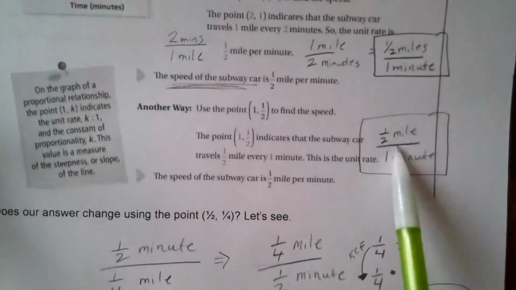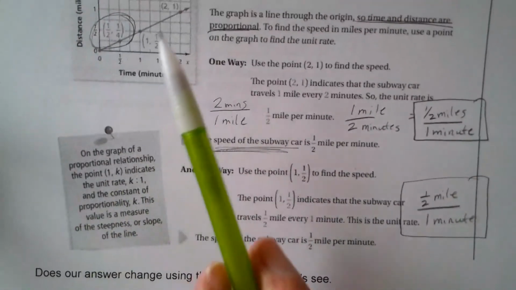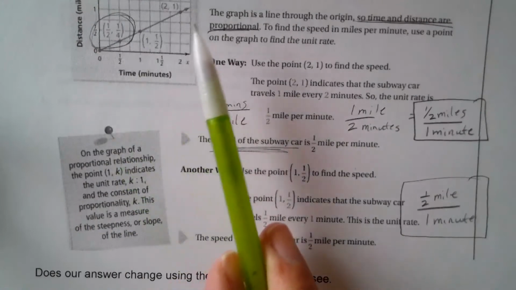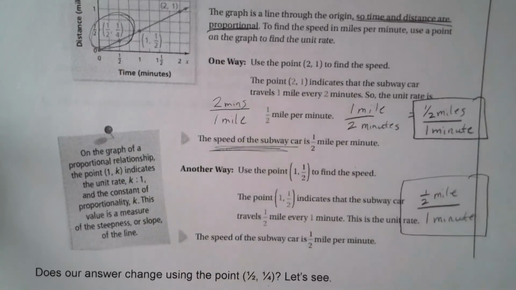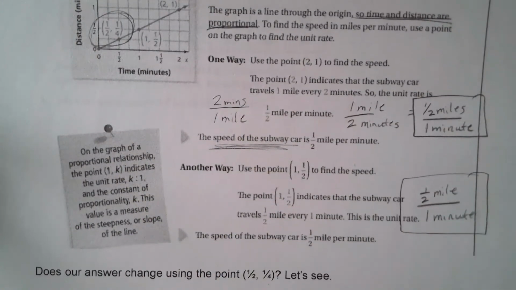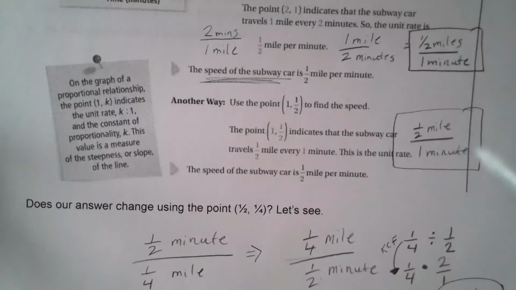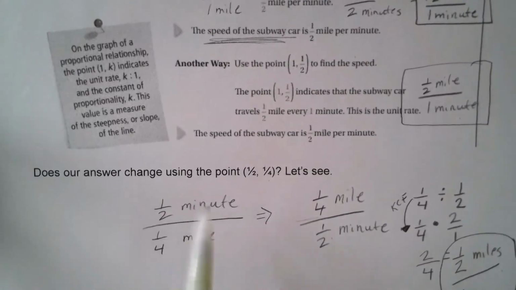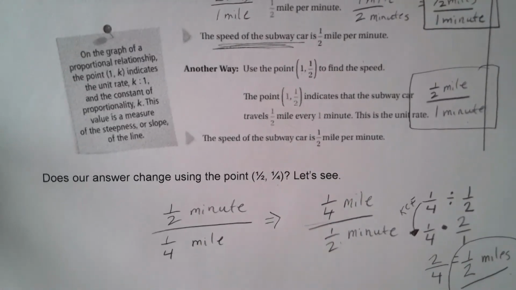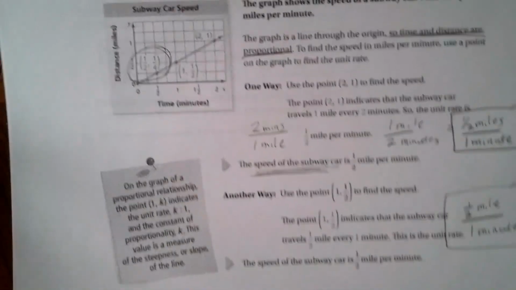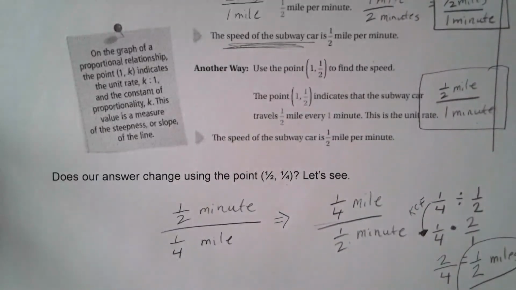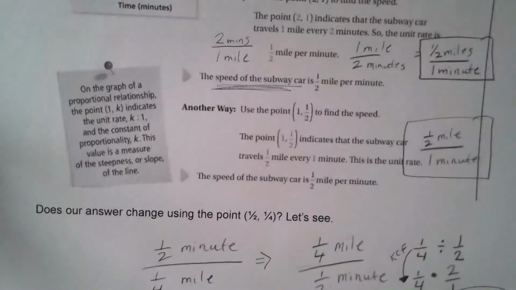So every time, any data point on the line, any x, y, when we compare it, they should be every time, when we simplify it, the same fraction, and they are. Okay, so it doesn't change our unit rate even though we looked at a different point. So still the same rate. That's how we know it's proportional.